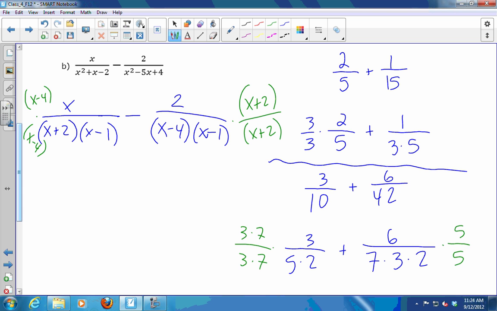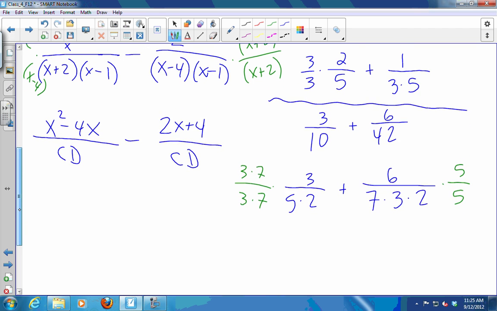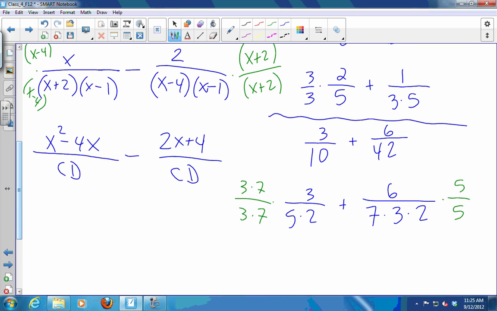So x minus 4 times x gives me x squared minus 4x. I wrote CD for common denominator because I don't want to write all those out over and over again. I'll write them at the end. And then 2 times x plus 2 is 2x plus 4 over the common denominator. Now I just have to do the subtraction.